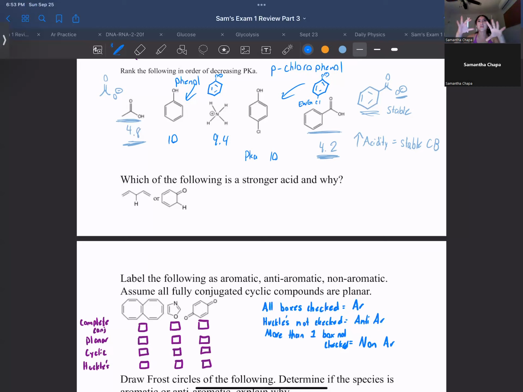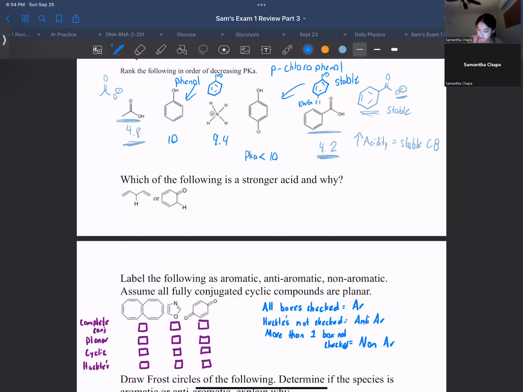And something you should know from OChem 1 is that delocalization of electrons on a compound provides stability. So this chlorine is going to delocalize electrons and make this the more stable compound. So this conjugate base is more stable, meaning it's more acidic. So then our pKa should be less than 10. We don't know the exact pKa because that's not something that we need to memorize, but we can know the approximation.